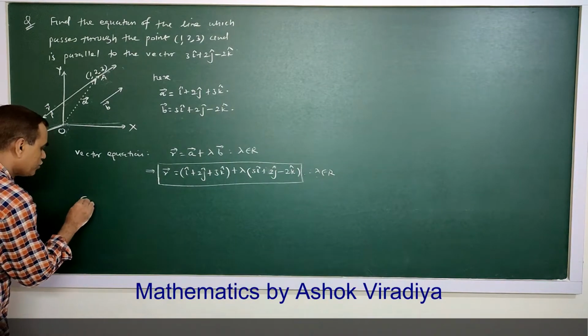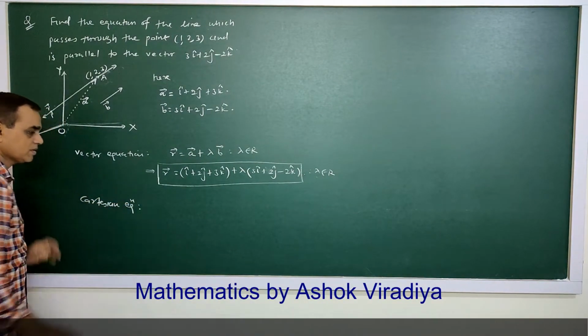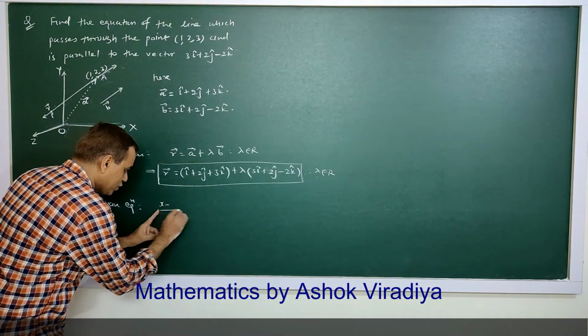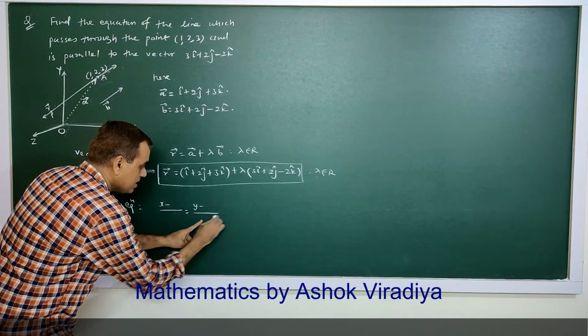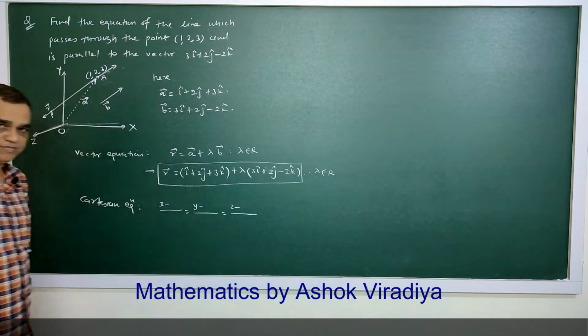And the Cartesian equation, the formula is x minus x1 upon a equal to y minus y1 upon b equal to z minus z1 upon c.